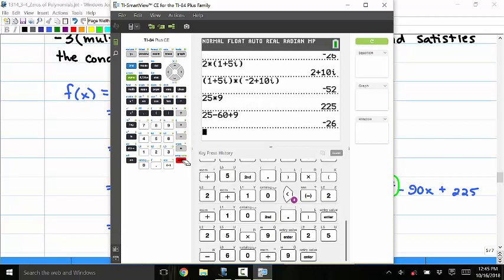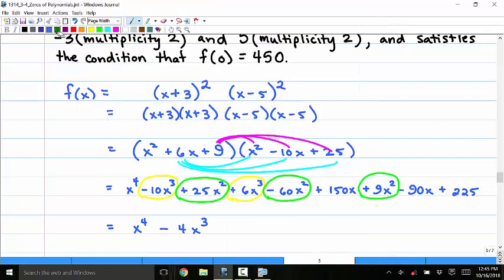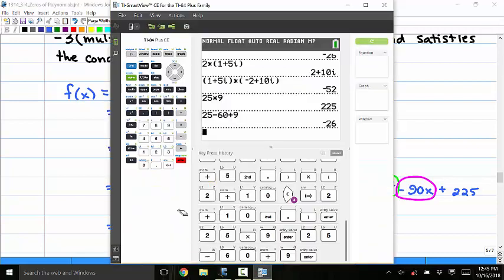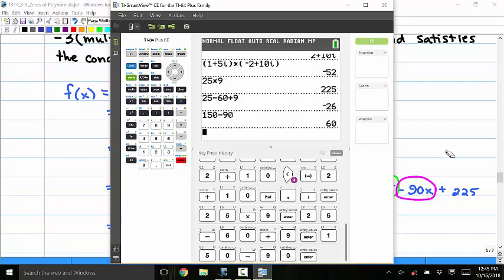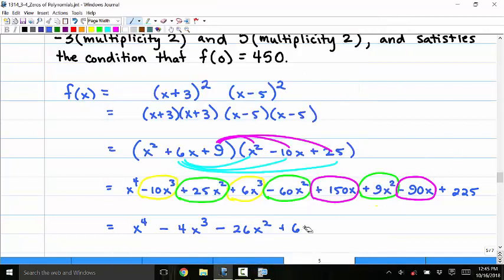I get negative 26. And then 150 minus 90. 260? No. 150 minus 90 is 60. And then plus 225, yes?